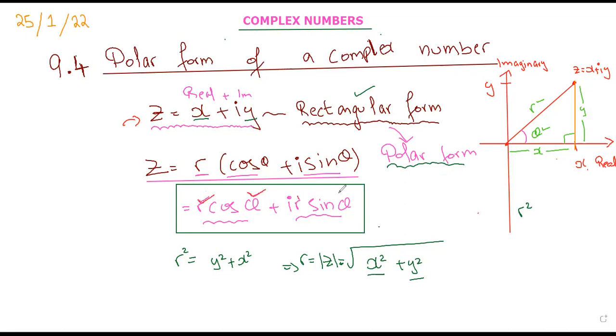If you find this r using x and y, and if you find theta using x and y, things would be very easy. You would be able to go from rectangular form to polar form, right? So far, we have just discussed how to find this r. Forget about this theta, we'll do that in the next class.